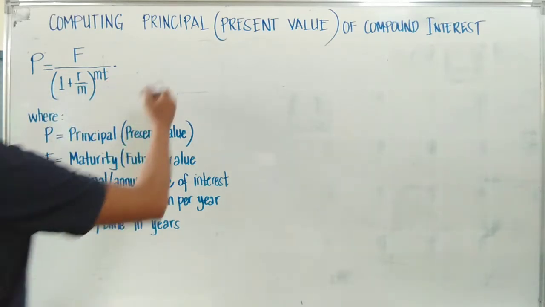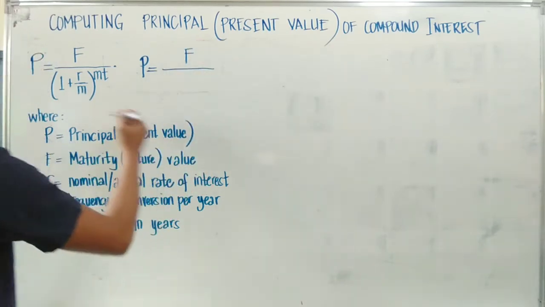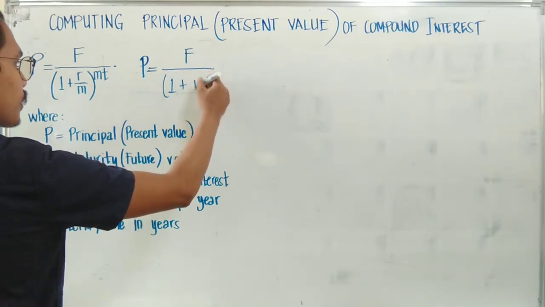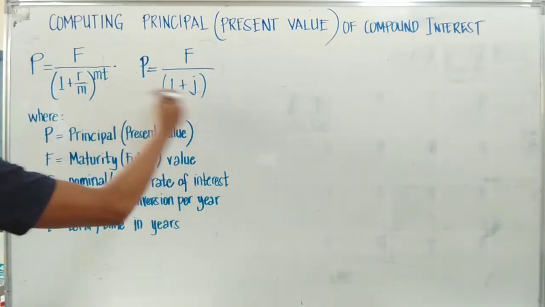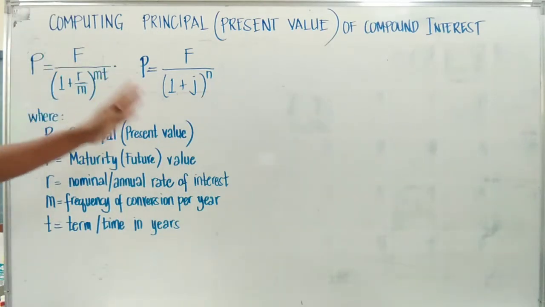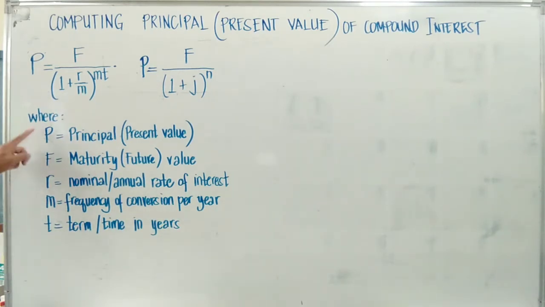Okay, so in some books they summarize R over M as J and MT as N. In other books they are using different variables to denote these terms.